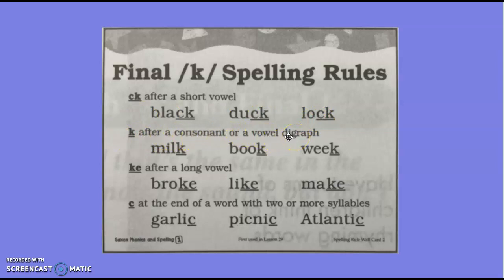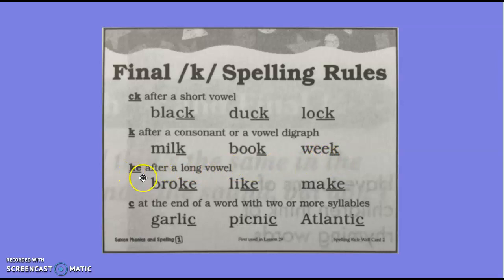That means two vowels. Milk. There's the consonant right here, L, so we use a K. Beek. There's our vowel digraph, we use a K. Week. There's two vowels. That's a vowel digraph, so we would use a K.